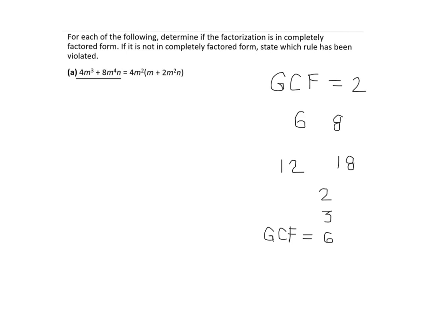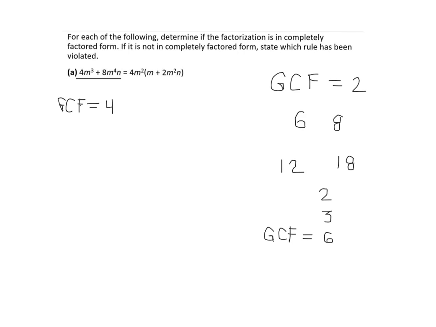The greatest common factor of 4 and 8 is the number 4. They're also both divisible by 2, but that's not the largest of all numbers that divides into 4 and 8. The largest is 4.